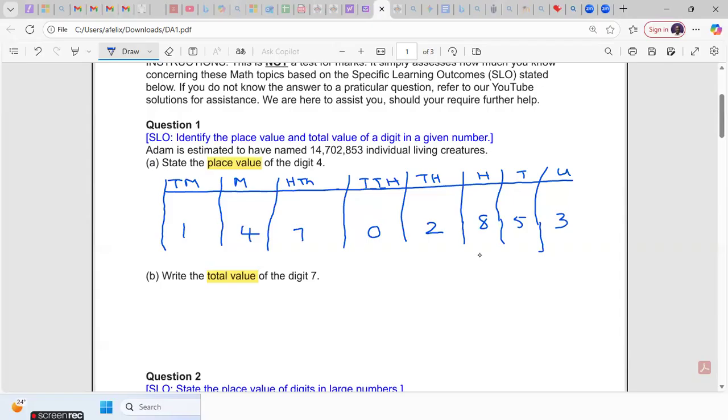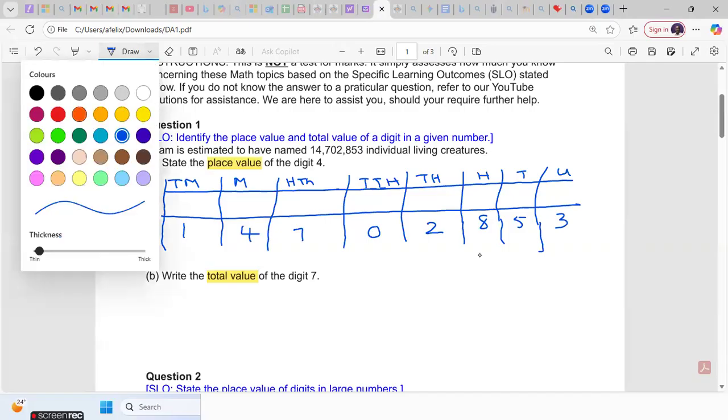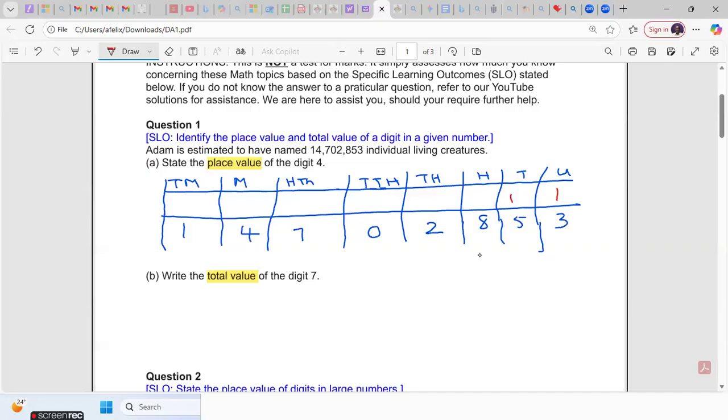So let's make the distinction. The position that the digit occupies in terms of unit, 1, tens, hundreds, thousands.